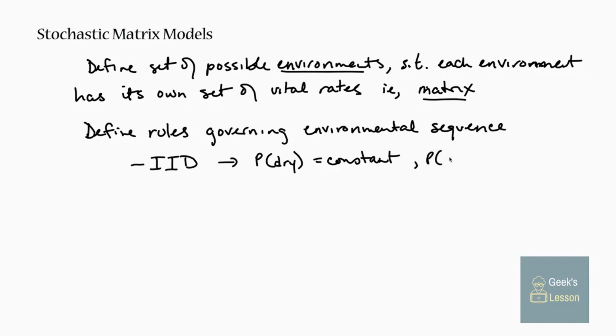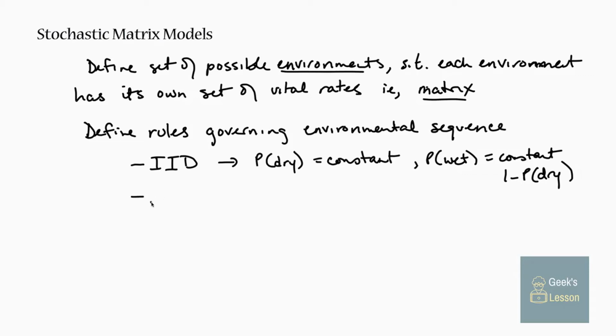This implies that probability of a wet year is also constant, and it's going to be 1 minus the probability of a dry year. Anyway, so if you're modeling the environment in this way, for every time step in your model, you draw an environment, wet or dry, based on drawing a random number out of a probability distribution, and use the matrix corresponding to that environment in your projections.